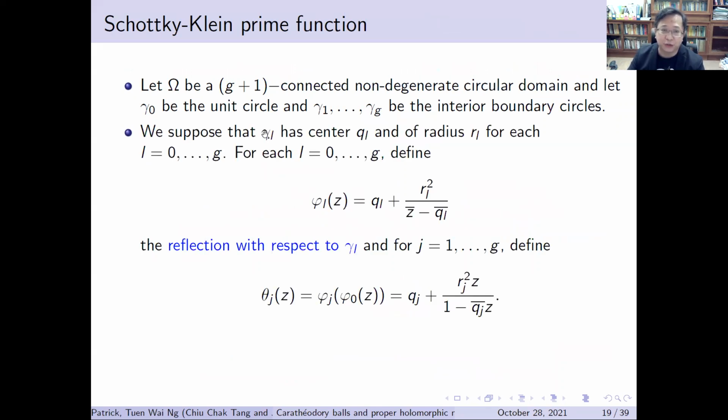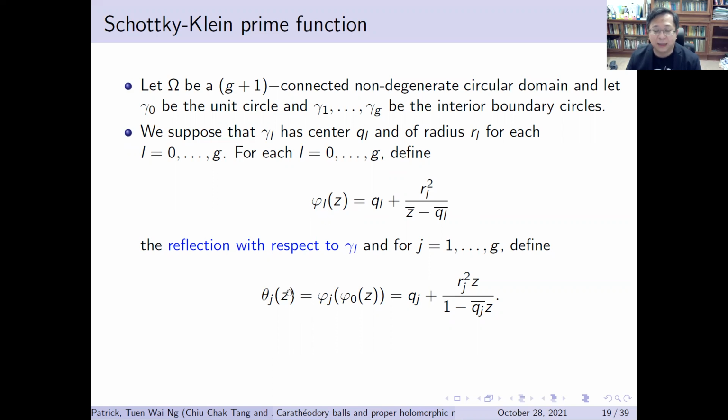For each boundary circle, we are going to define the reflection across this boundary circle, and it will be given by this expression here. q_l would be the center of this boundary circle, and r_l would be the radius of it. This reflection can be written down explicitly by this formula here.